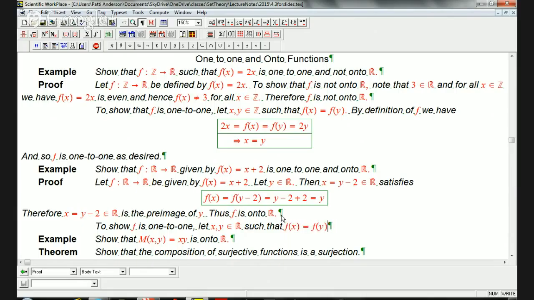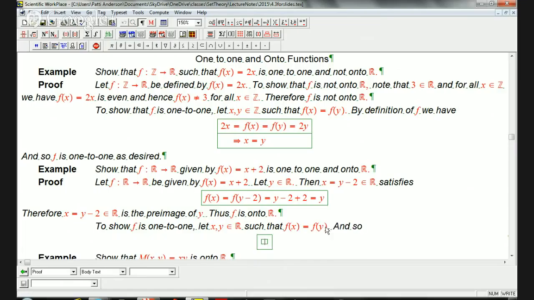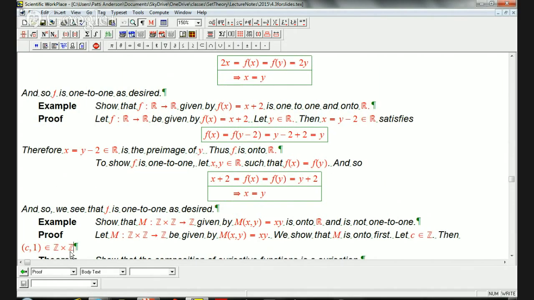Notice that I have the same sentence right up here, except I changed what the domain was. That's really going to be the same sentence all the way through. And then the next step is to plug it in to see what it's equal to. So what is f of x equal to? My formula, x plus 2. So I write f of x is equal to x plus 2.